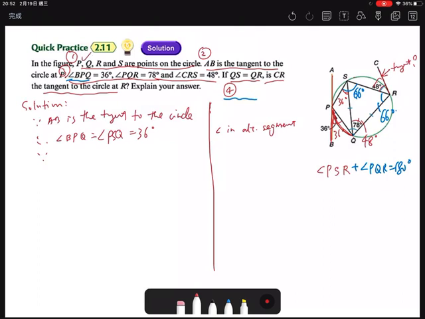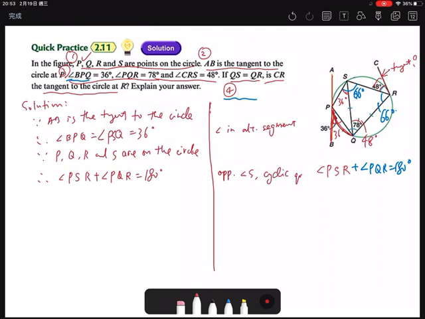Because we can use the first condition, P, Q, R, and S are on the circle, it means it is a cyclic quadrilateral. So we can get that angle PSR plus angle PQR equals 180 degrees. The reason is opposite angles, cyclic quadrilateral.